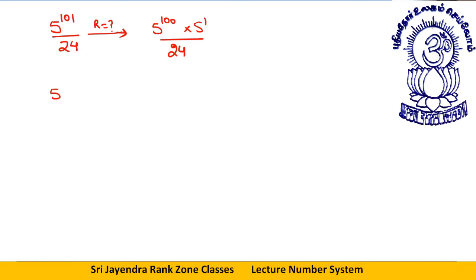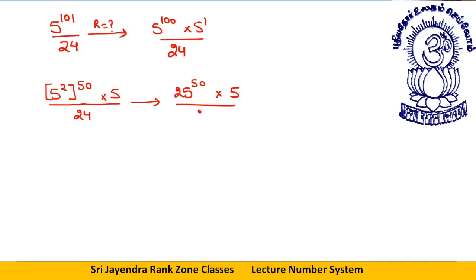Now we will write this as 5 raised to power 100 is 5 raised to power 2, raised to power 50, divided by 24, into 5 raised to power 1. This is 25 raised to power 50 into 5 divided by 24.